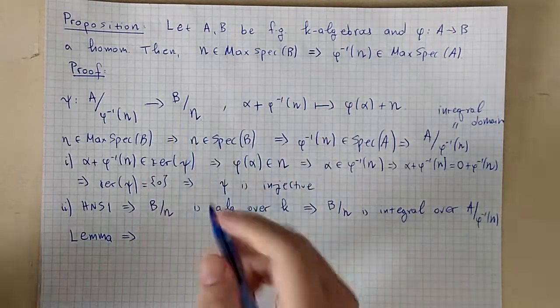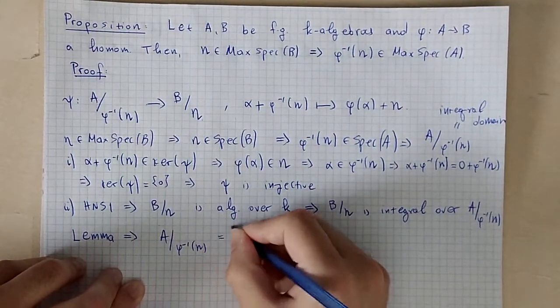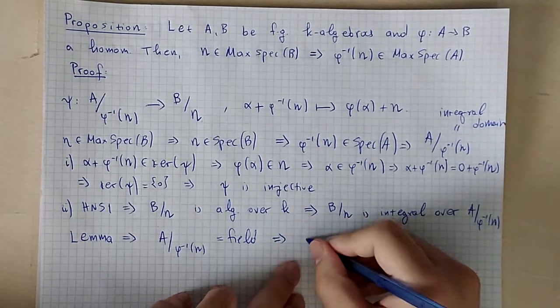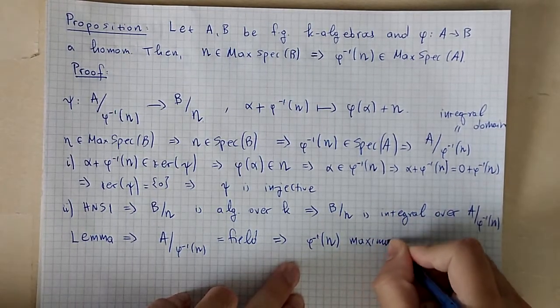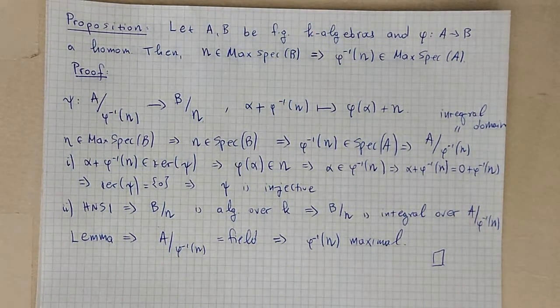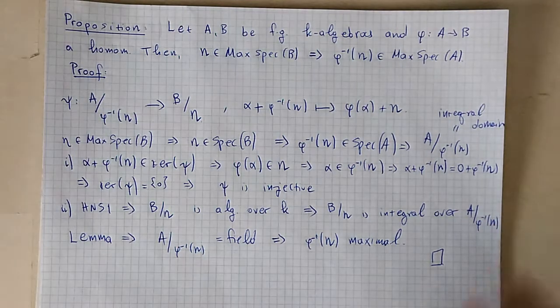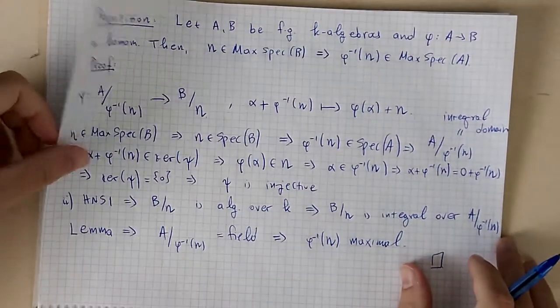So since this is a field, we simply get that this is a field, which of course implies what we want, namely that this is a maximal ideal, right? So this finishes the proof of this proposition, and I think we don't really need anything else to start proving the third version. So yeah, let me just move on.